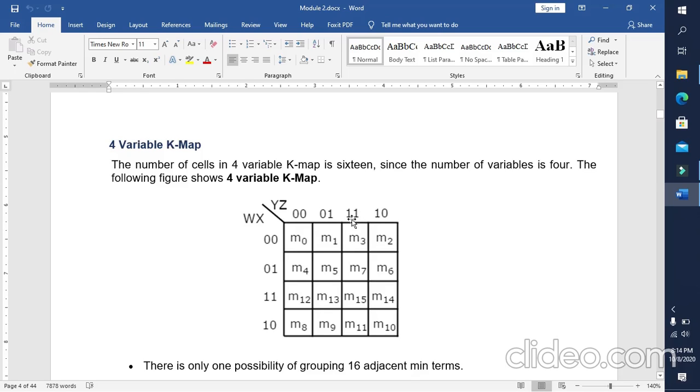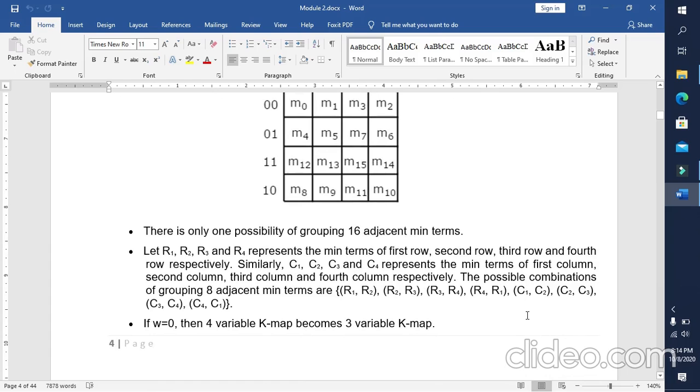The 1 remains, change the 0. Then for the last value, the 1 remains, change the 1 into 0. So the most significant bit 1 remains, and the least significant bit 1 is replaced by 0. Same with WX. So you also use 0, 0, 0, 1, 1, 1, and 1, 0.